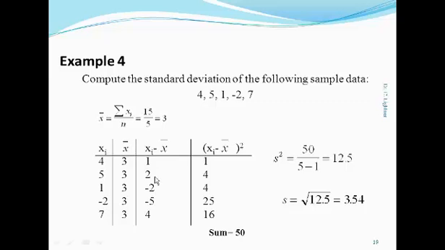Now we sum up the last column to get 50, and that's the numerator for our sample variance, and we divide by n equals 5 minus 1. Doing this, we obtain a sample variance of 12.5 and a sample standard deviation of 3.54.